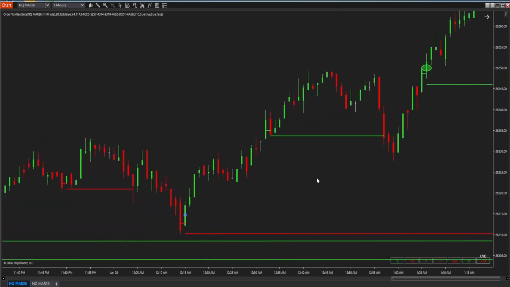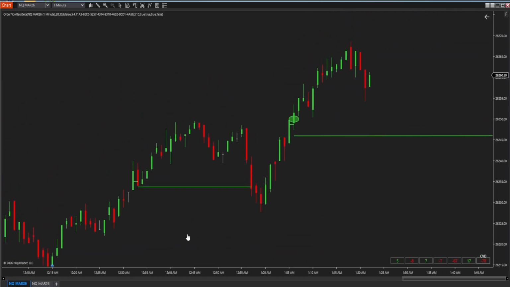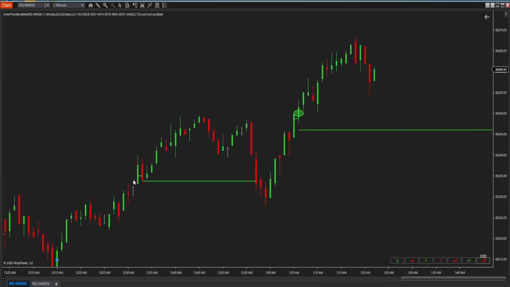Now, if we look here, this area we had a double stacked buy imbalance. Now, we ran through the first imbalance area, but this one gave us support and we kind of moved up. This is the type of trade that I really like to look for, a double stacked buy imbalance.